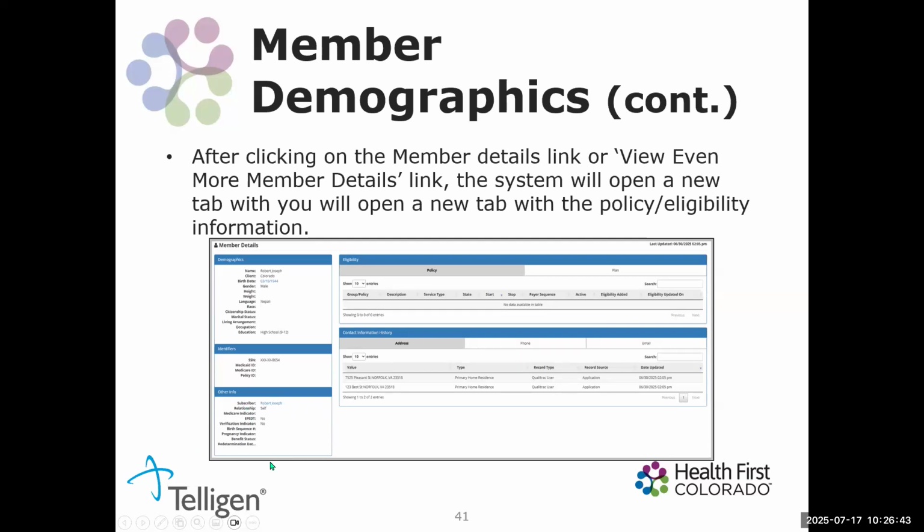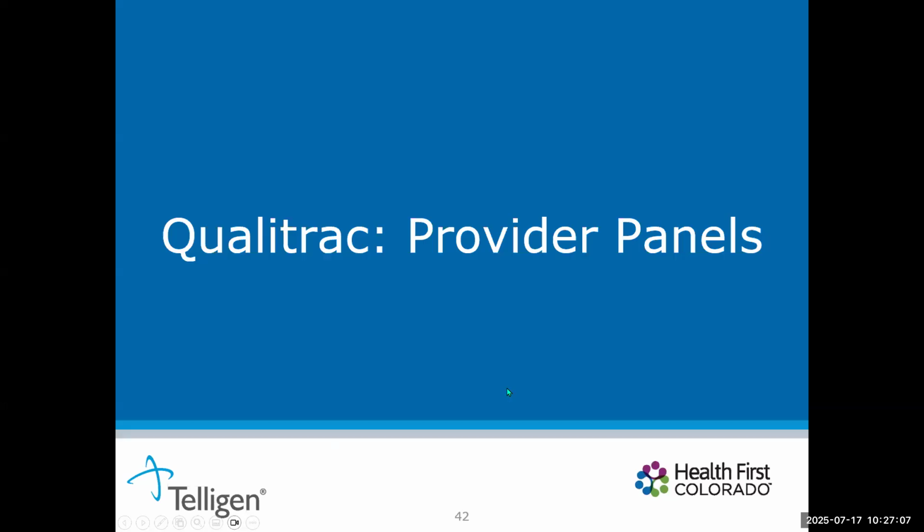Again, any member info, and then here's where you'll find policy and plan information if you need to check, and then also contact information history. So after a year or so, you'll be able to see how many times a member has said to us that they have a new address, if they have a new phone number, or their email has changed, by chance if you need it. I don't see you guys using it much because you have your own system, but I just want to make sure you're aware.